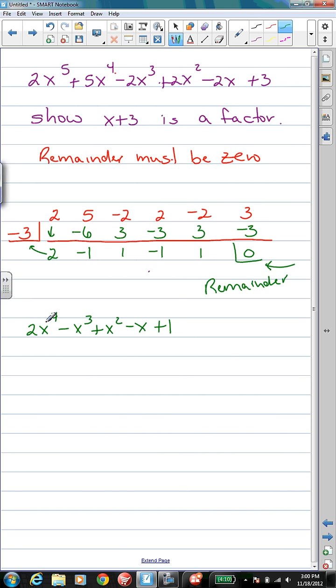What I really have, if I wanted to write it all out, is if I take this right here, I write that and I multiply it by x minus 3, or x plus 3, I'm sorry, I will get the original back.